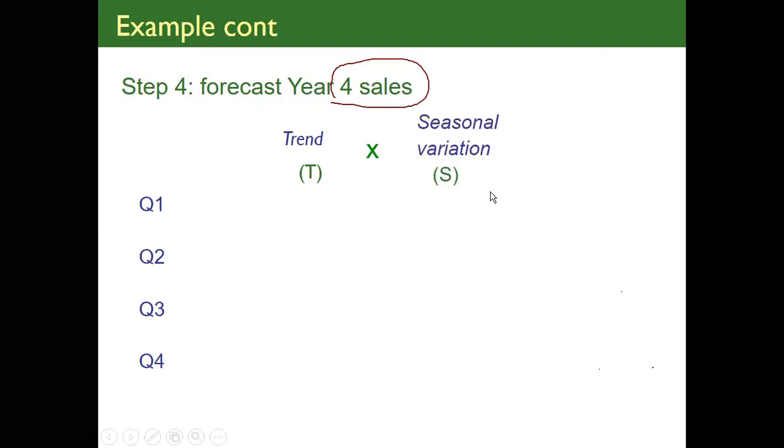Now we forecast year 4 sales. This is the question, because they gave us the data for 3 years and we have to calculate the sales in year number 4: quarter 1, quarter 2, quarter 3, quarter 4. So in year 4, quarter 1, you've got trend values. You calculate the trend values by adding 3, 3, 3 and you multiply it with seasonal variations and you get your forecast sales.